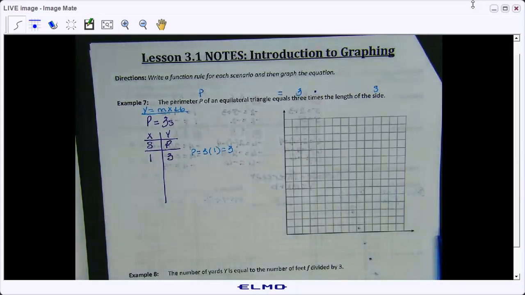Can we have negative numbers for the x values? Anyone? Can we have negative values in this column? Yes. Okay, so then that would be saying that our sides can be negative units. So if I were to measure my triangle, can I say, okay, this is -3 inches?